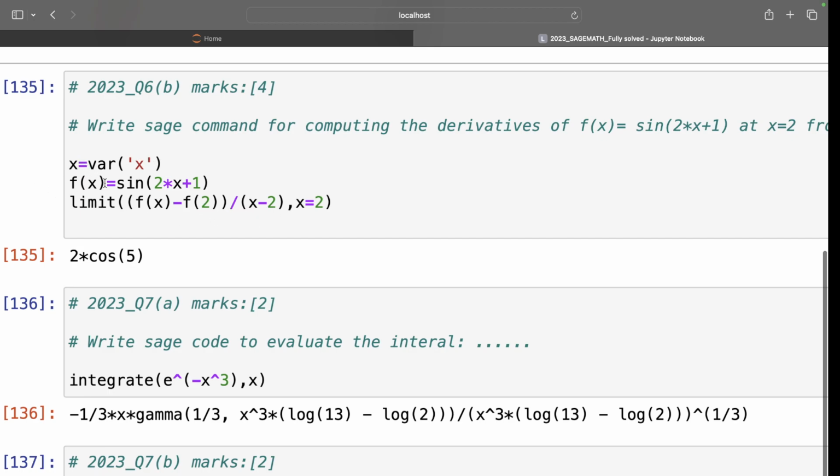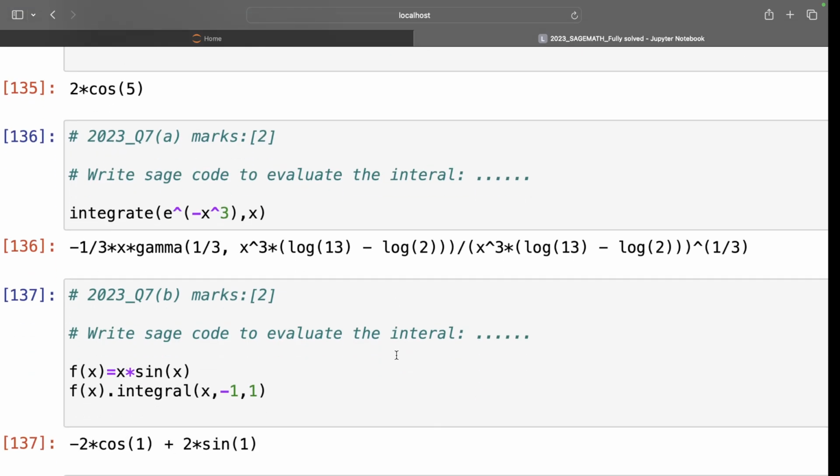So x is the variable x, f(x) equals sin(2x plus 1), and limit this f(x) minus f(a) by x minus a, limit x tends to 2. We write this; limit is the inbuilt function in Sage. This is the 2 cos(5). First we find the derivative and then put the derivative at the point x equal to 2.